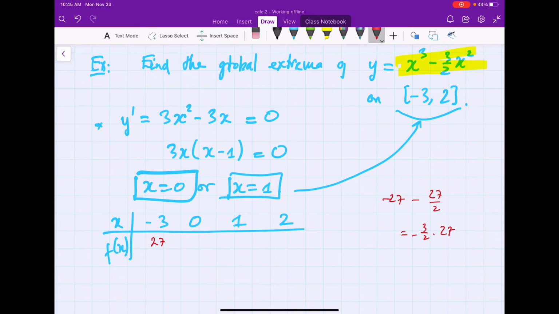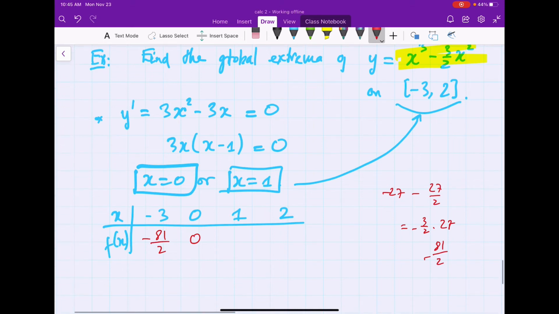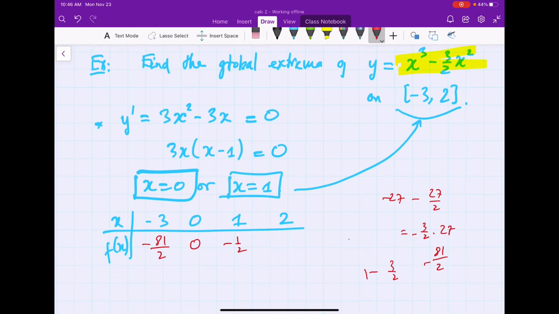So I get 81 over 2 with negative. Yes, negative 81 over 2. At 0, the function is 0. At 1, the function is 1 minus 3 over 2, which is negative 1 over 2. At 2, the function is 8 minus 12 over 2, which is 2.